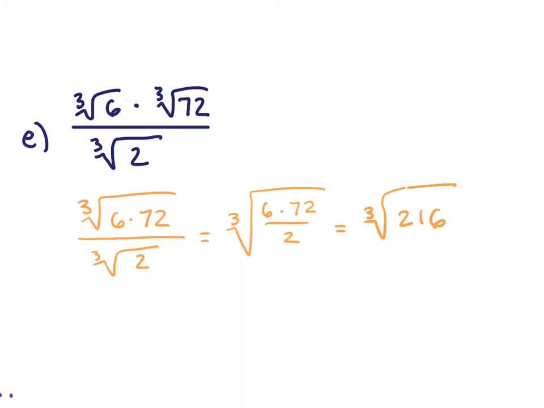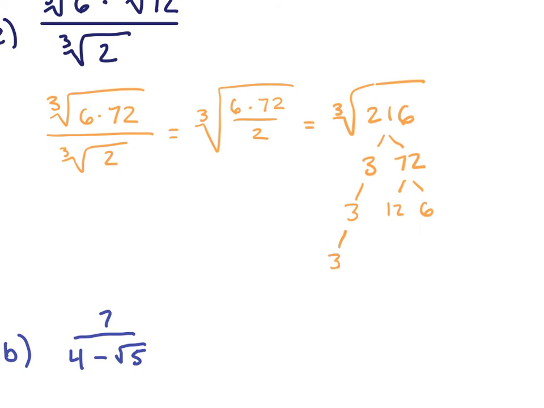So what are factors of 216? 3 and 72. What are factors of 72? 12 and 6.